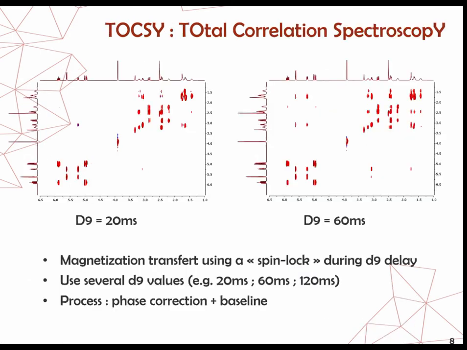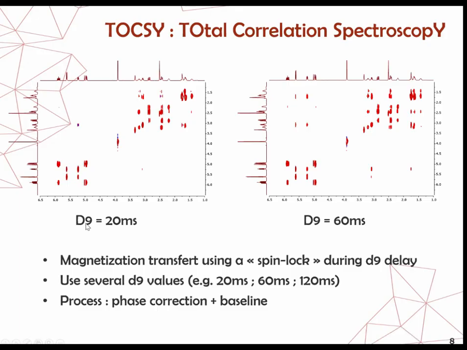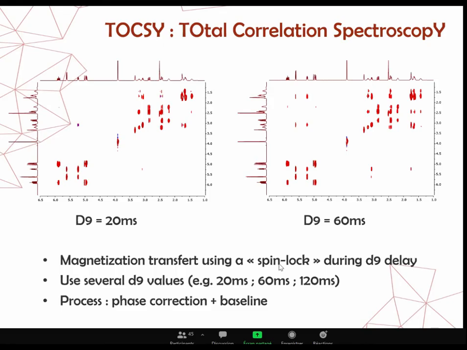Okay, so TOCSY is another proton-proton correlation spectroscopy for scalar coupling, but the scalar coupling will spread over the spin system according to a delay. So in the TOCSY experiment, you have to set the D9 delay, and this is a spin lock.